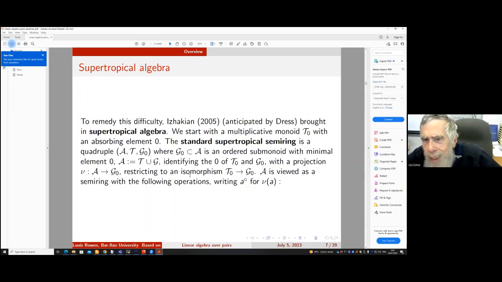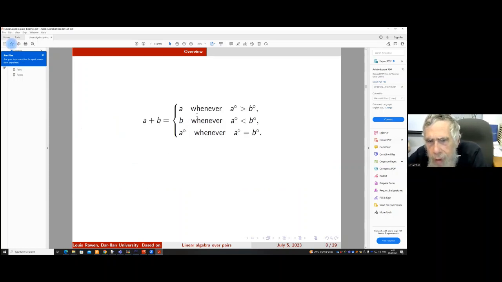And this was handled by Izhakian in his thesis with supertropical algebra, where he had two isomorphic copies of the structure, and he took the sum to be the maximum when their values aren't the same.